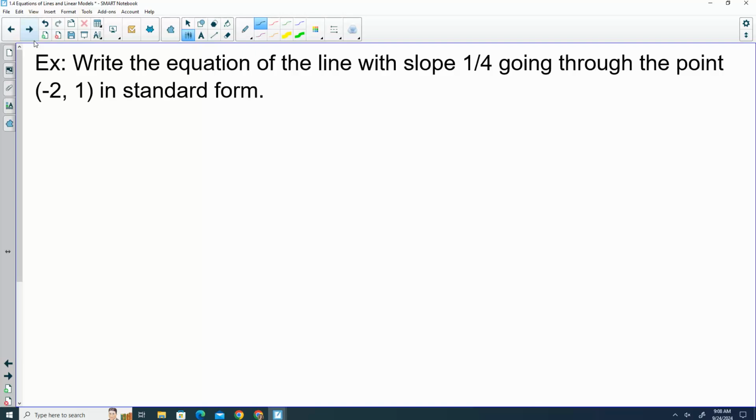So we know, this time I gave you your slope. This is like our x1, y1. So if I wrote it in point-slope form, y minus y1 equals m, 1/4, times x minus -2, which would become x plus 2.